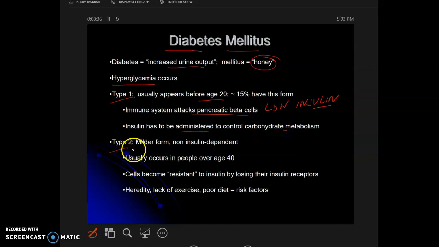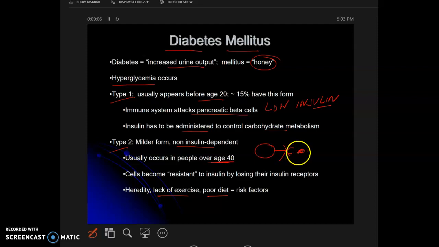Now, type 2 is the one which is not insulin dependent. And usually it is after the age of 40. Why does that happen? Because for every cell, you have to have a what? Receptor, right? So here's the insulin, here's the receptor. But because of lack of exercise and poor diet, these receptors are going to become non-functional, or they're not going to be as receptive.